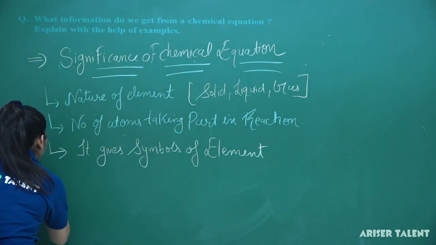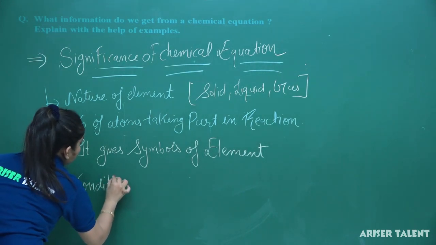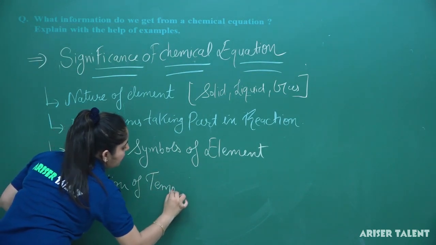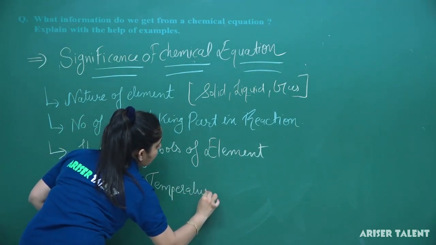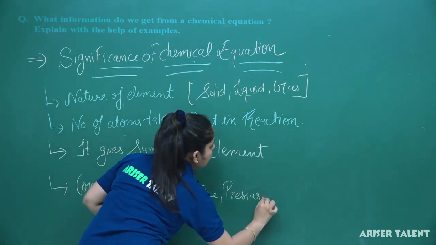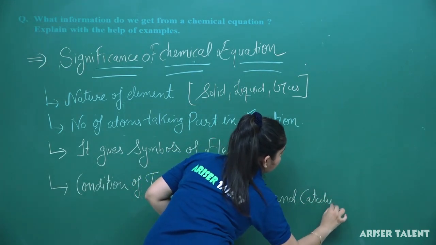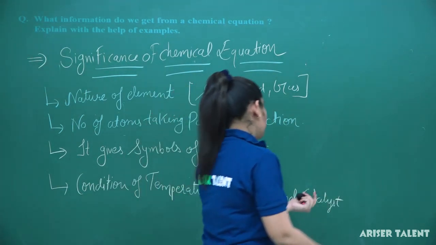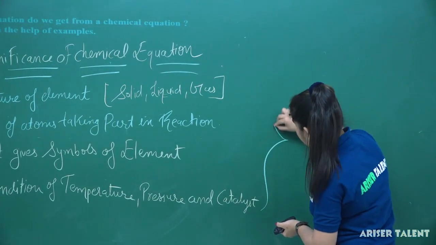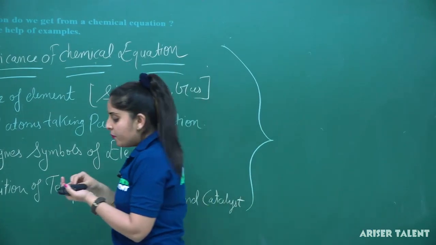So what we will get the idea about the condition of temperature, pressure and catalyst. So these are the few significance of the chemical equation we have. Now we will understand the chemical equation with the help of an example.